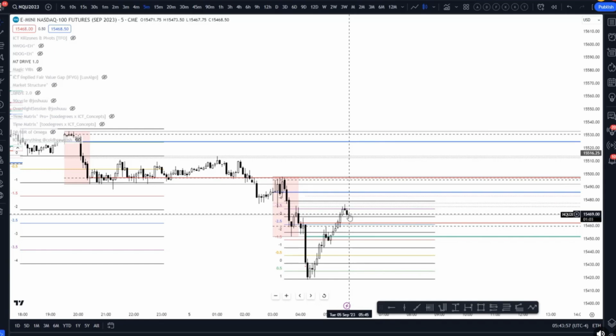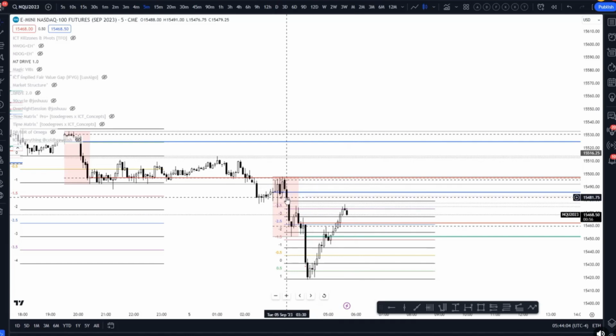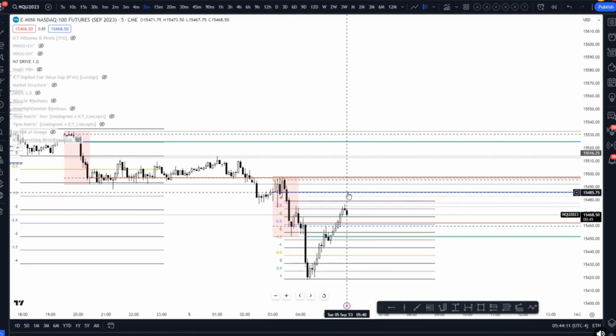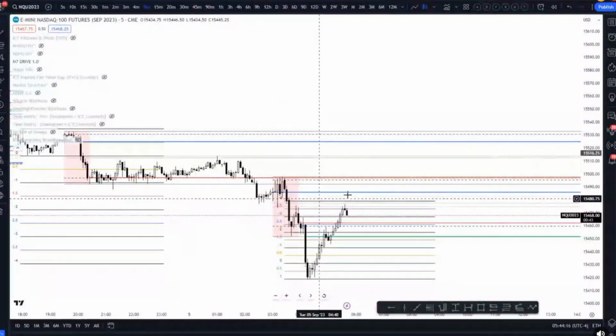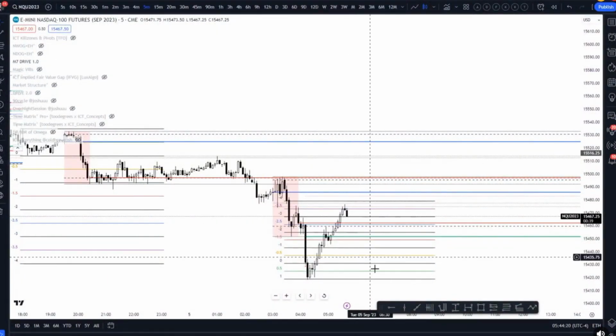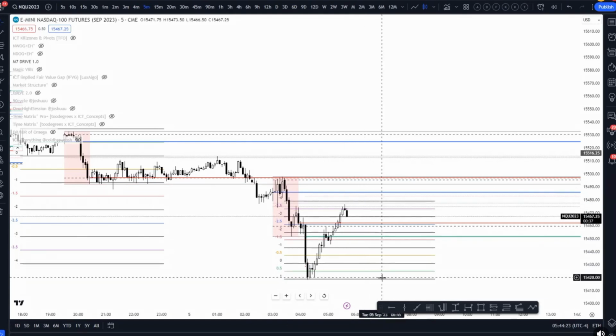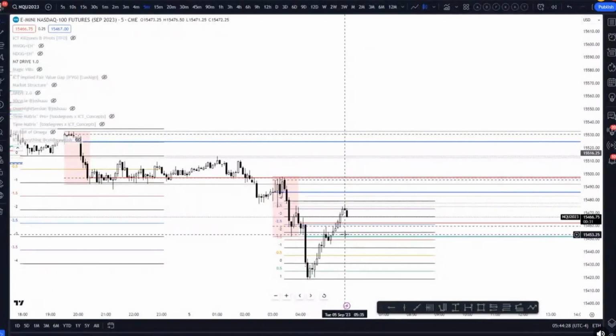I would like to see price fill the premium inefficiency in the fair value gap that was formed at 3:30. And then I would like to see price take the open price of the London range to kiss off of the DR and form or create these retracement values. So we're constantly looking at and running if-then statements algorithmically.